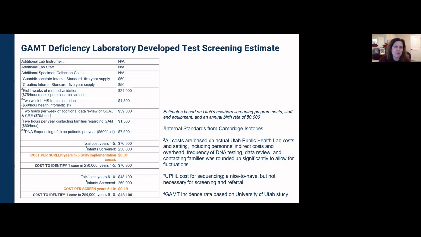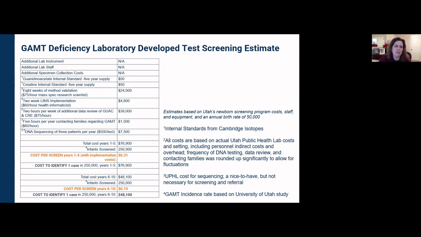We included the validation time and the staff cost of that validation time, as well as the implementation in the LIMS system. Again, we have a LIMS system that we had control over and can implement changes in, and that's not always the case.